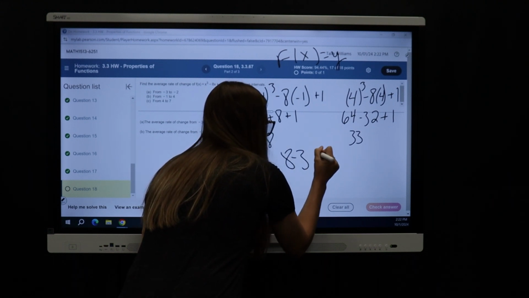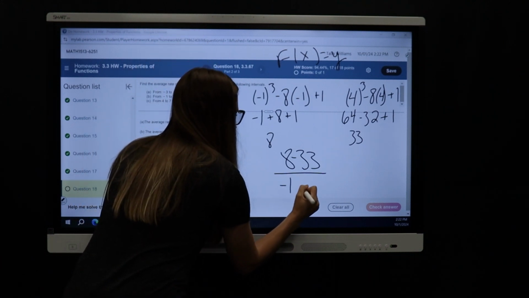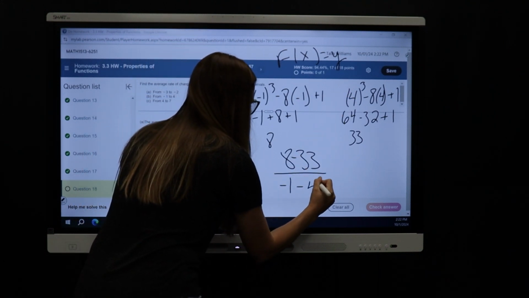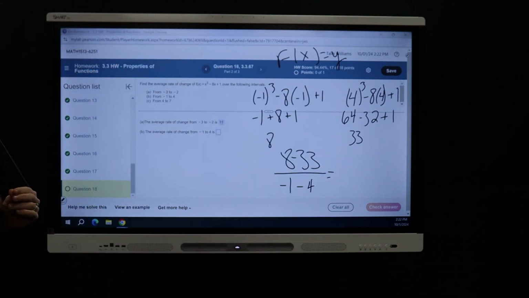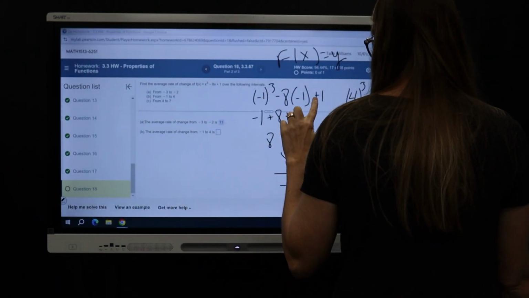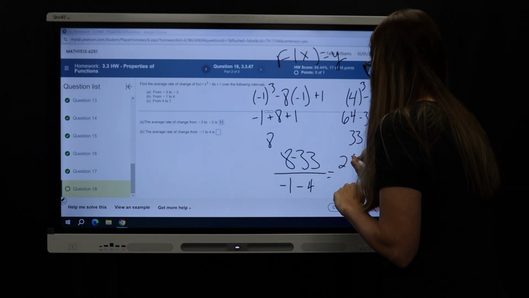8 subtract 33 over, and since 8 was with negative 1, subtract, and this is 4. Okay, 33 subtract 8 is 25, right? 25, 26, 27, 28, 29, 30, 31, 32, beautiful.